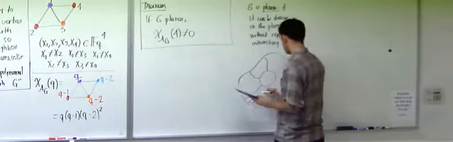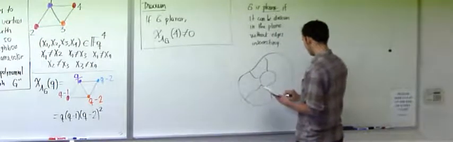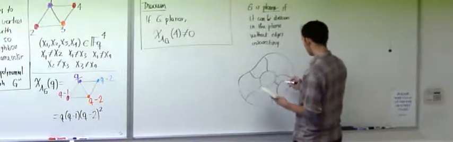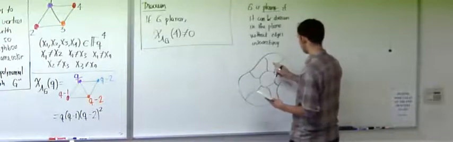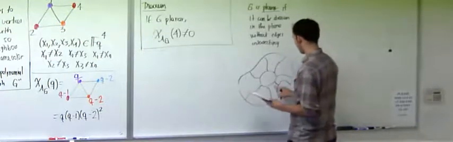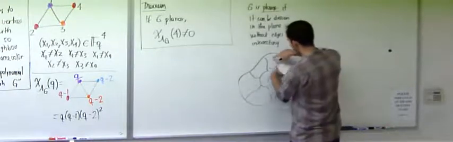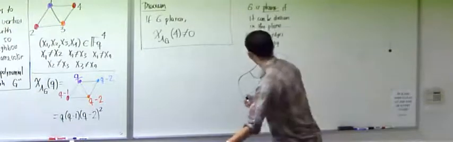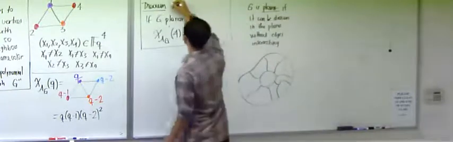So this is supposed to be some map of some territory. Okay, so this is called the four-color theorem.